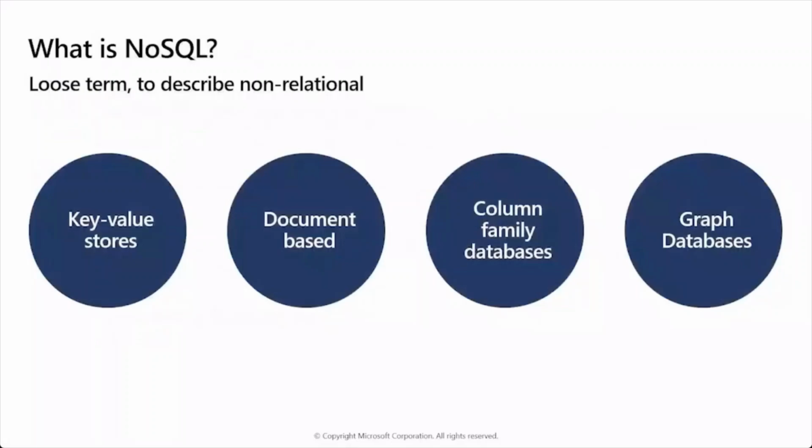Now, a key value store is the simplest and often quickest type of NoSQL database for inserting and querying data. Each data item in the key value store has 2 elements: a key and a value. The key uniquely identifies the item, and the value holds the data for that item.